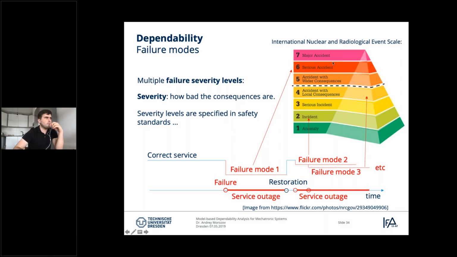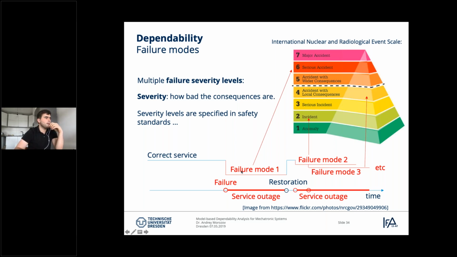And they are well defined. For example, a core meltdown of a nuclear power plant is definitely a major incident, or maybe a serious incident. But if, like in Chernobyl, the radioactive waste goes outside, this might be defined as a major incident. The same is defined, for example, in the ISO standard for cars.